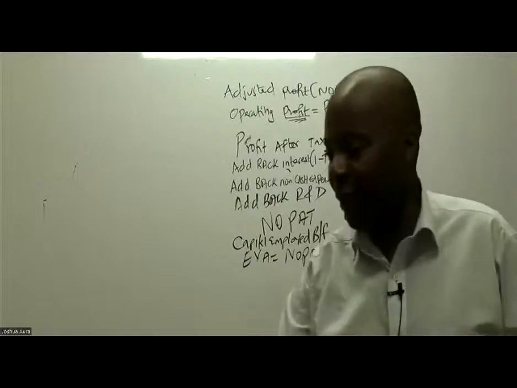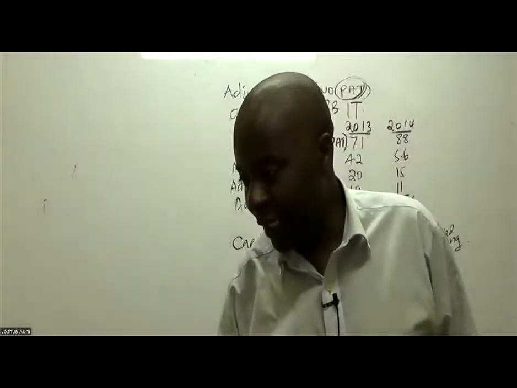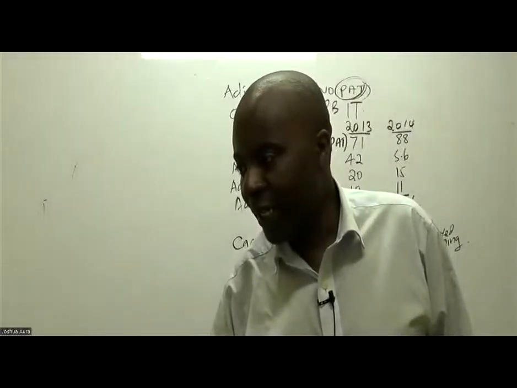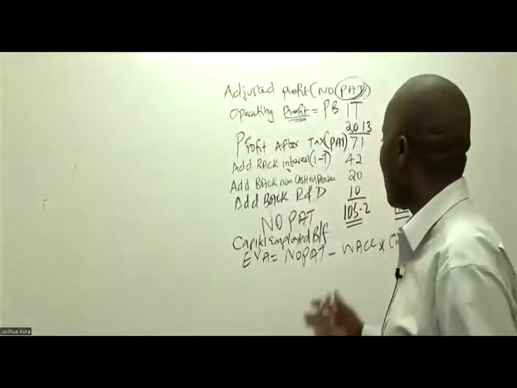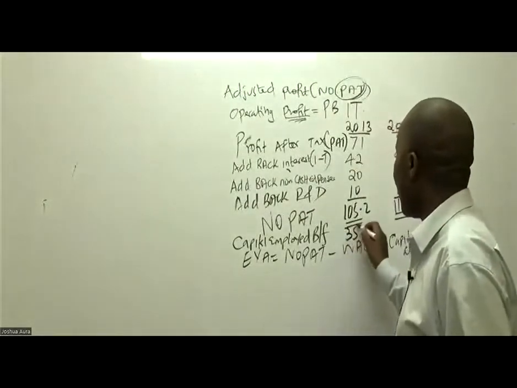How much? Please give me this figure. 350? They're telling me the capital employed at the end of 2012, which is now brought forward to the beginning of 2013, is 350. Thank you so much.